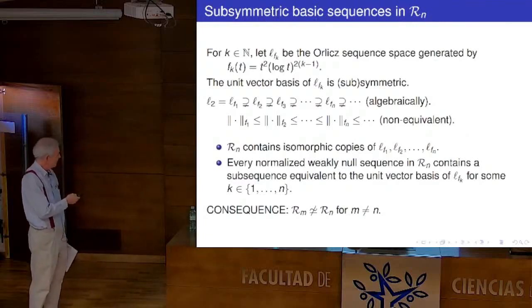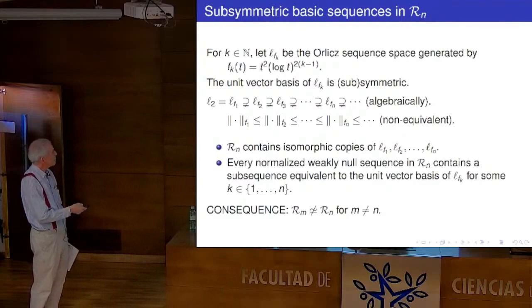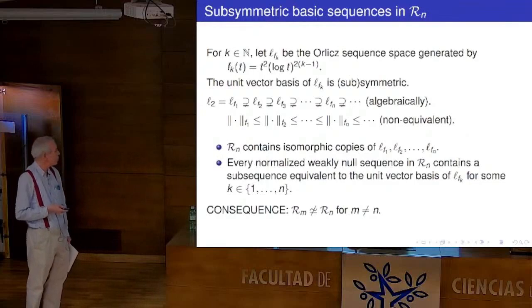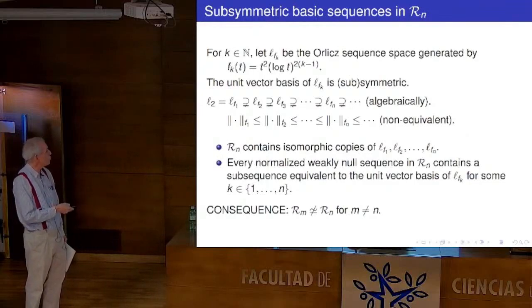Then the space Rn contains isomorphic copies of the first n of these Orlicz spaces, and we have an additional result that if we have a normalized weakly null sequence in Rn, then we can find a subsequence that is equivalent to the unit vector basis of Fk for some k between 1 and n.